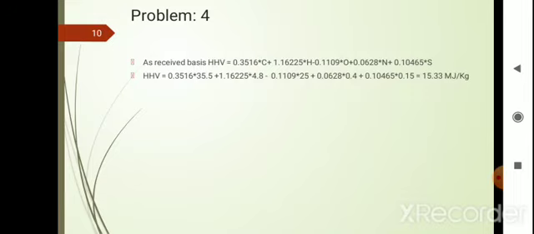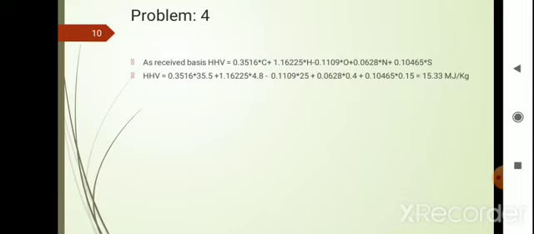When we substitute this, we will get the heating value as 15.33 megajoule per kilogram. In most journals, we can see they are finding the higher heating value and lower heating value using empirical relations like this without conducting any experimental procedure. So this is the first part of the answer.